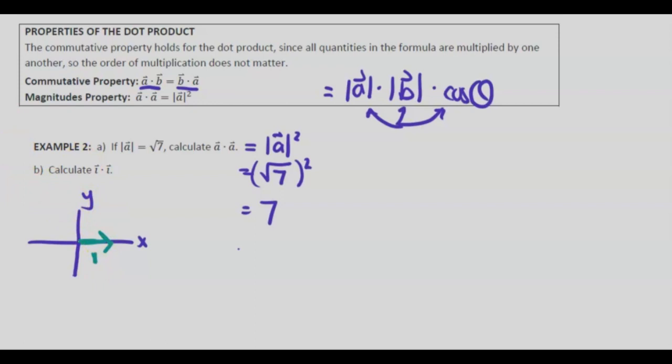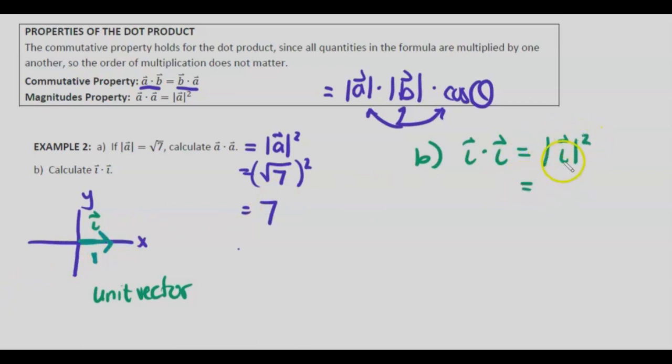This is a unit vector, and this is vector I. So vector I dot vector I is the magnitude of I squared. The magnitude of the unit vector I is just 1, and 1 squared is obviously just 1.